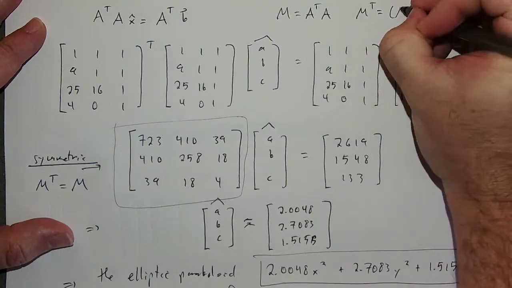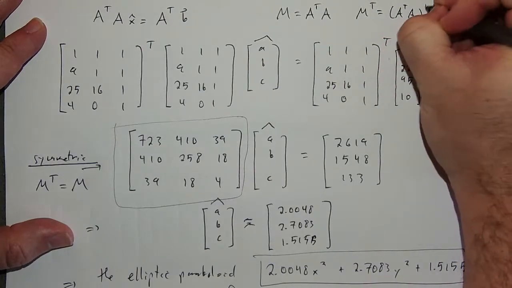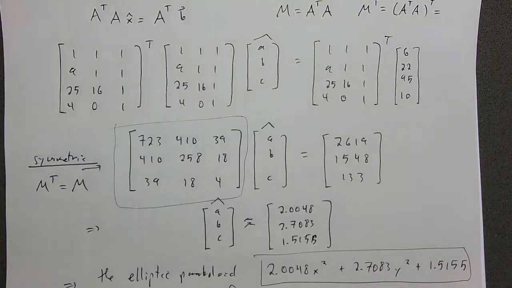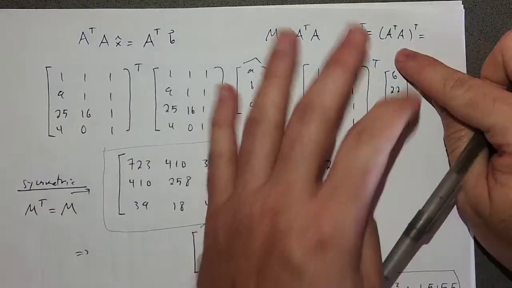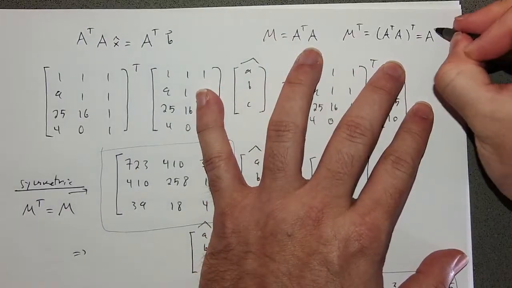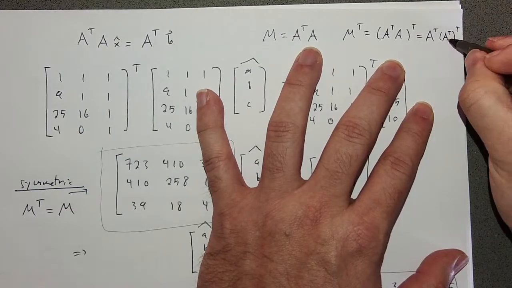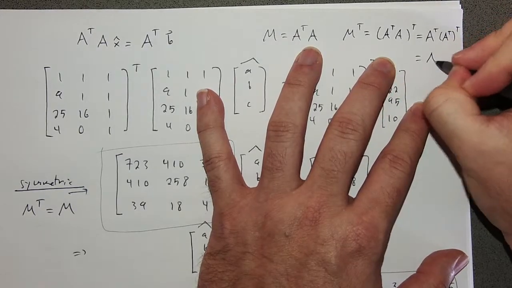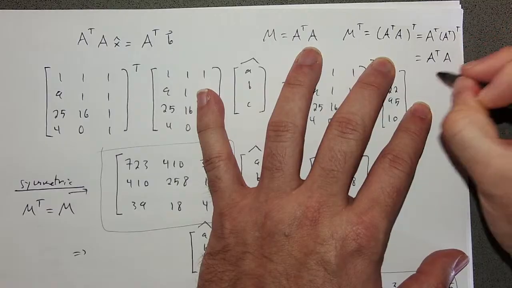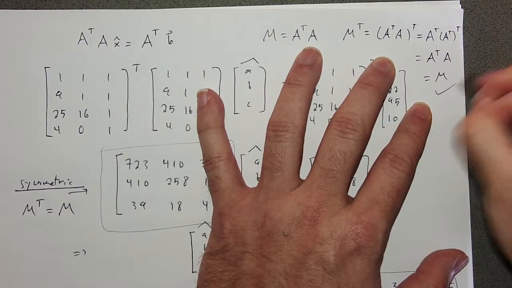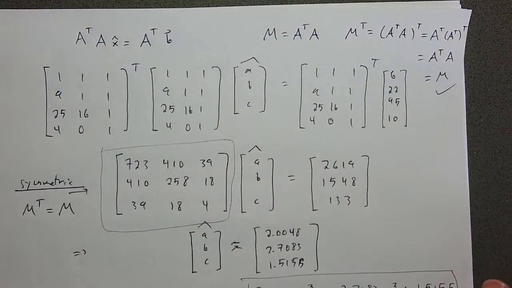Well, M transpose is A transpose A, transposed, but the transpose reverses the order, so this would be A transpose times A transpose transpose, and the transpose of the transpose is the matrix itself, so this would be A transpose A, which is M. So this matrix A transpose A is symmetric.